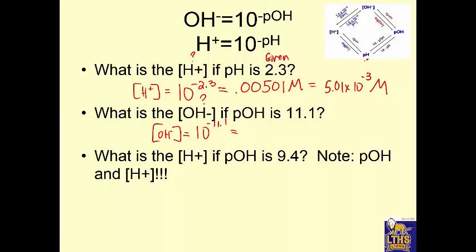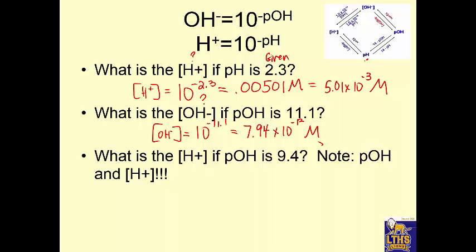So I plug in my calculator 10, I hit the caret button because I need to do this as an exponent, hit the negative button, 11.1, and I find out the hydroxide concentration is, now this is going to show up on your calculator, and you're going to have to look at the end of the number, 7.94 times 10 to the negative 12 molar. Anytime your answer is for the brackets, you have to put a capital M on it because it's the concentration. Okay, so that's not very much hydroxide ion, right?